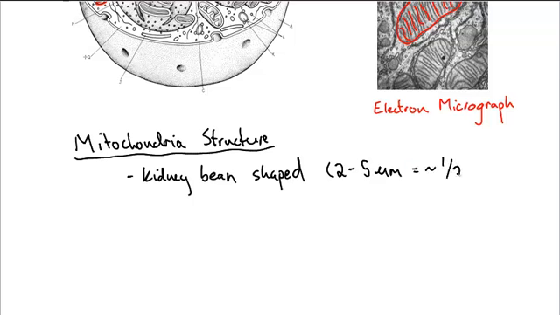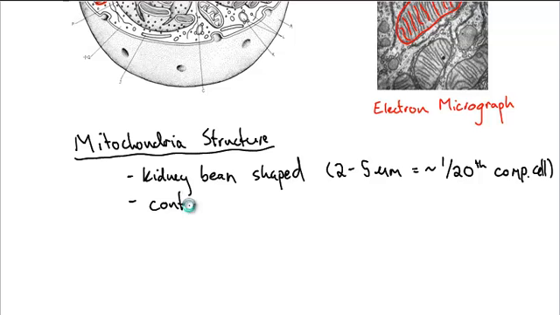But remember, cells range vastly in size, so we're just going to say that's the size of our composite, our imaginary hypothetical cell.